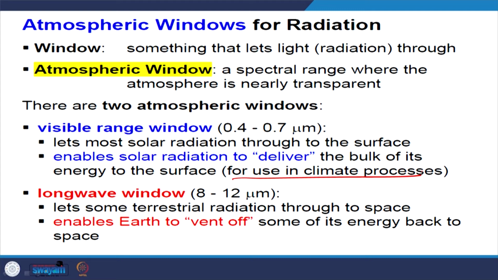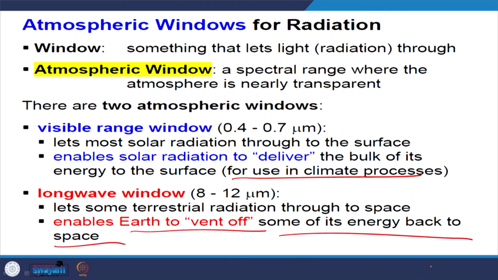Again, we have seen that the greenhouse gases do not utilize the 8 to 12 micrometer wavelength energy. That means the other gases do not have any business with this very low energy spectral band, and this radiation passes right through the atmosphere and enables the Earth to vent off some of its energy back to space.